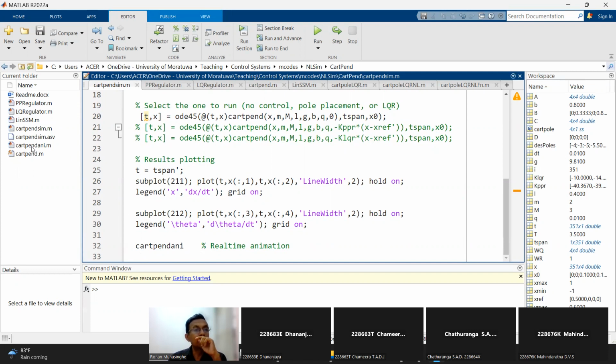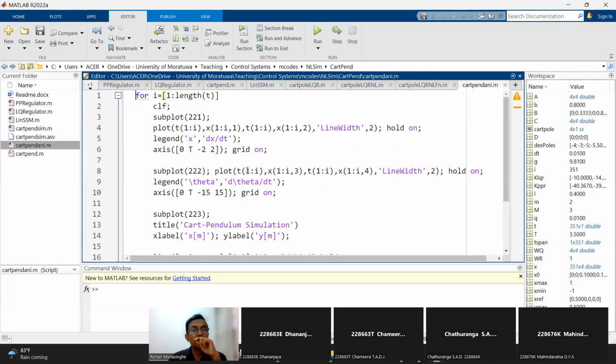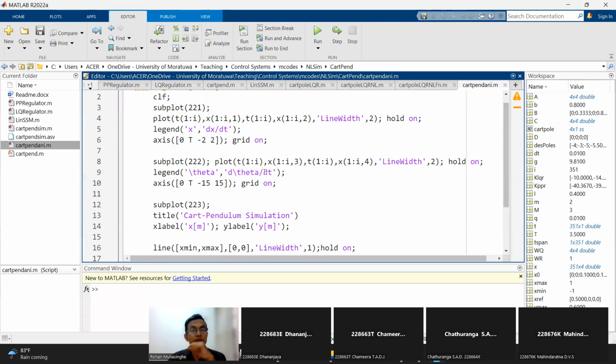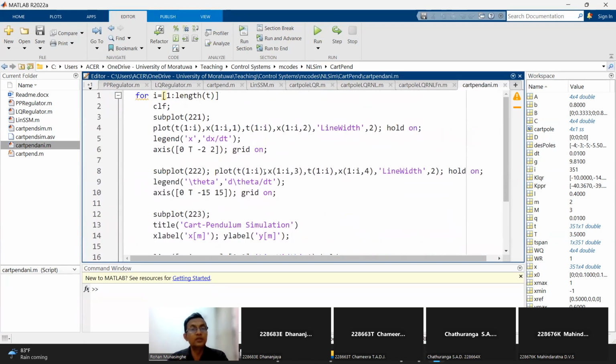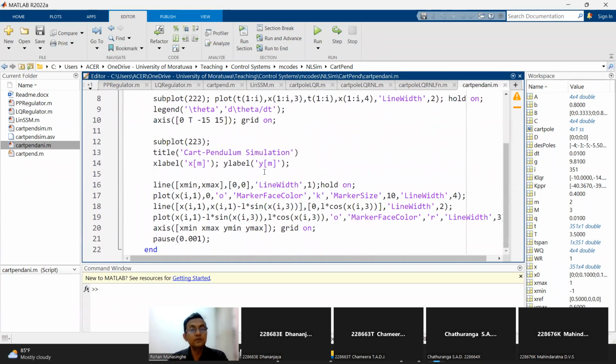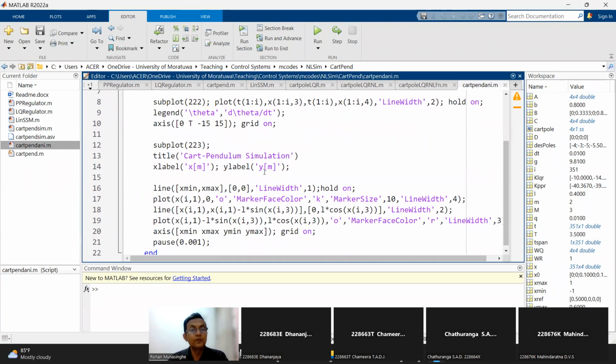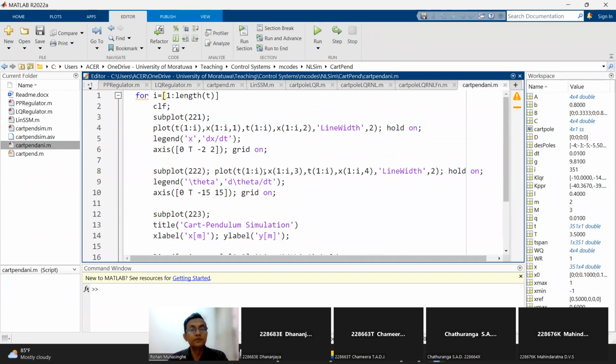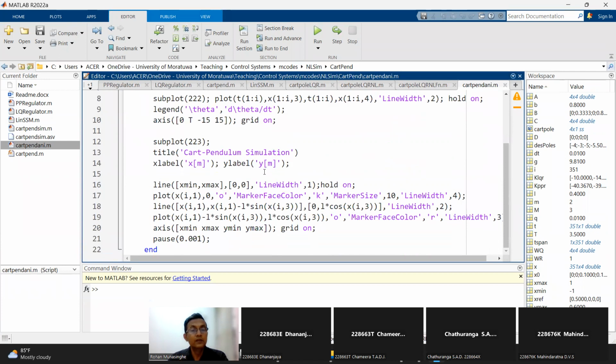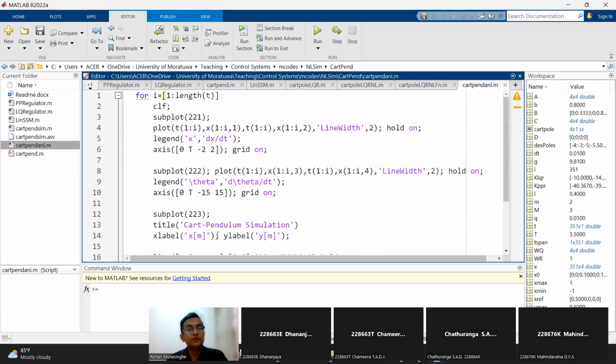Can you see it here? Cart pendulum animation. This is that one. This is where you have the animation going on. Okay, right. So we have given a pause here for us to visually see the motion.